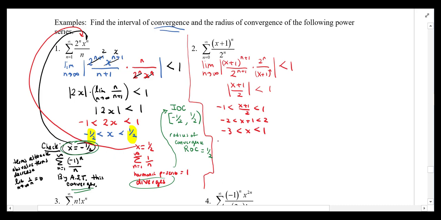And then yes, we should check the endpoints. Negative 3 plus 1 is negative 2. So this becomes the sum of n equals 0 to infinity of (negative 2)^n over 2^n. That just really simplifies to the sum of n equals 0 to infinity of (negative 1)^n.